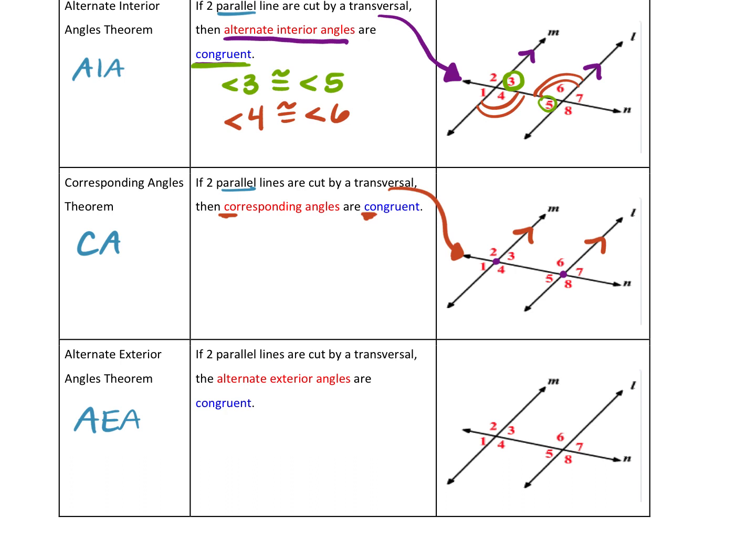For instance, angle 2 from that vertex is the top left angle. That means angle 6, the top left angle here, is the corresponding angle. So angle 2 is congruent to angle 6. They will have the same measure. It also means angle 3, top right, is congruent to angle 7, top right.